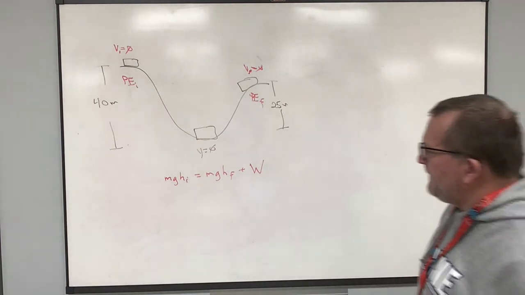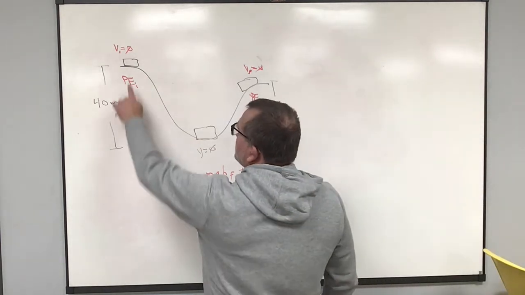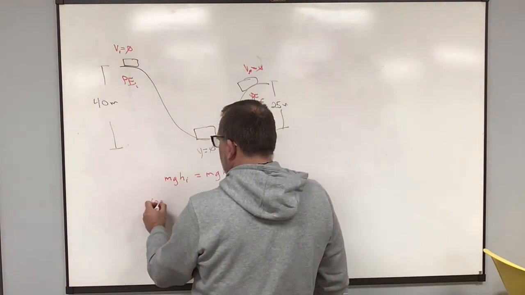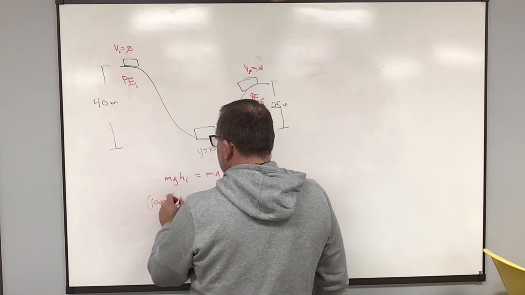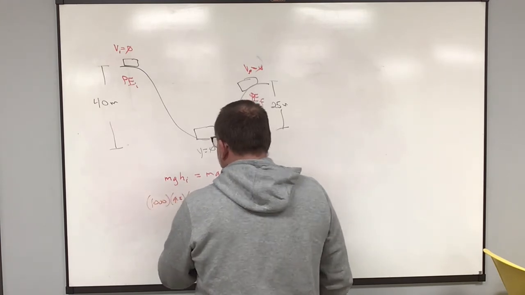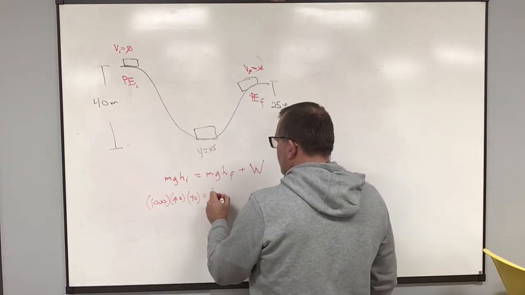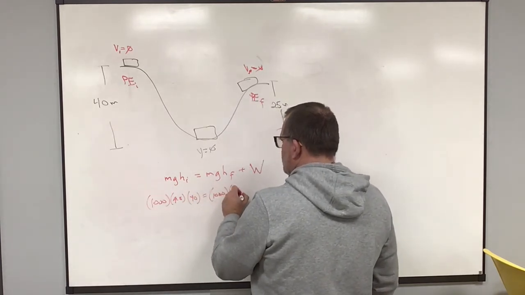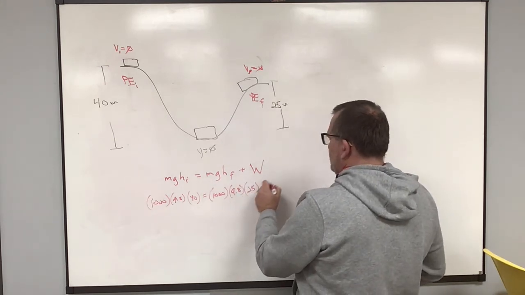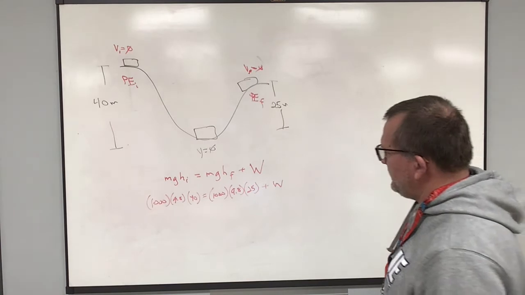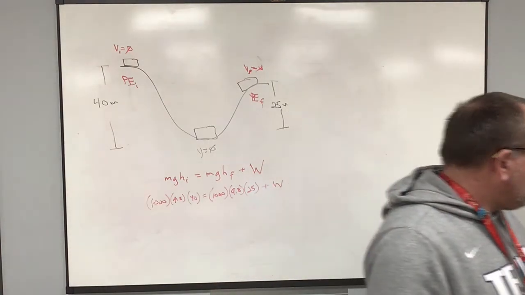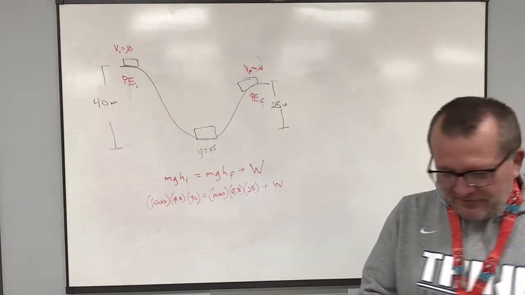Okay, so what we have is our mass, and our mass is 1,000 kilograms times g, which is 9.8, times our height of 40 meters. Our mass is still 1,000, our g is 9.8, and our new height is 25 meters. And then there's going to be some work that happens here. So I solve this, subtract this, and that will tell me how much work is going on.